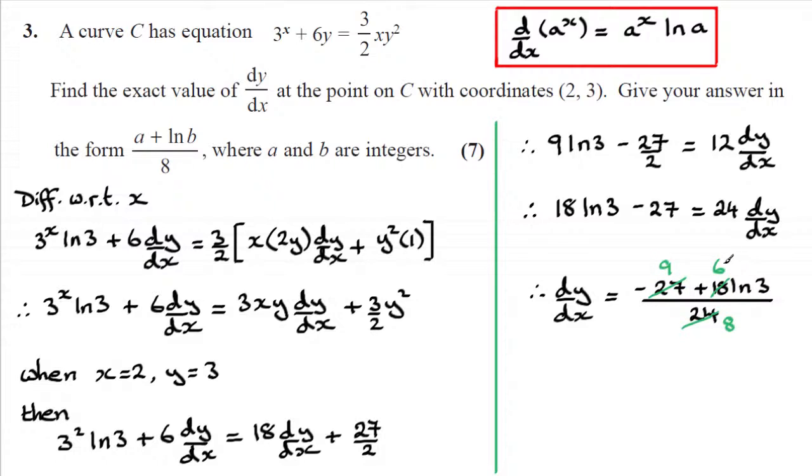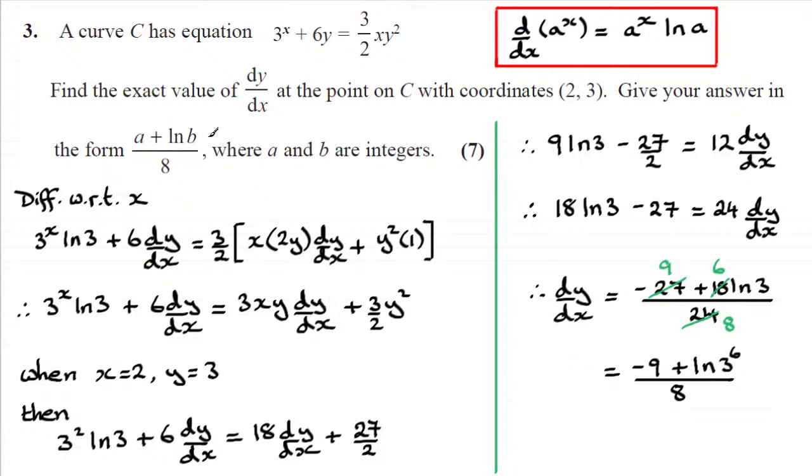But then we've got this 6 in the front of the natural log of b. And at this point, you should be thinking of using the power rule. Remember, that's where you bring the 6 up onto that 3. Okay, the power rule for logs. If you do that, you're going to get -9 plus the natural log of 3 to the power 6 over 8.